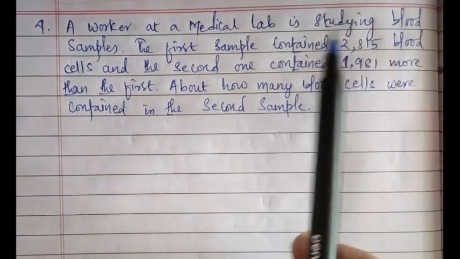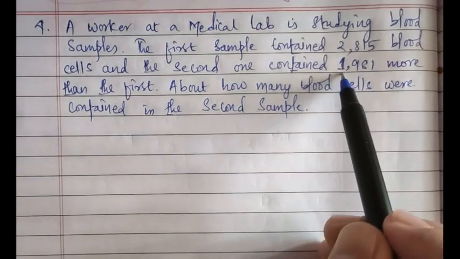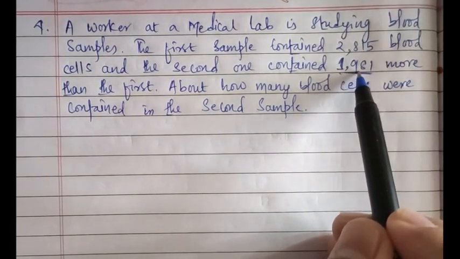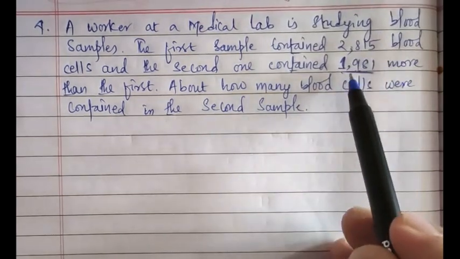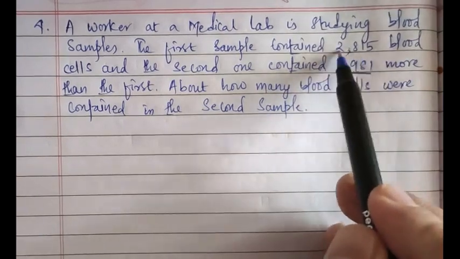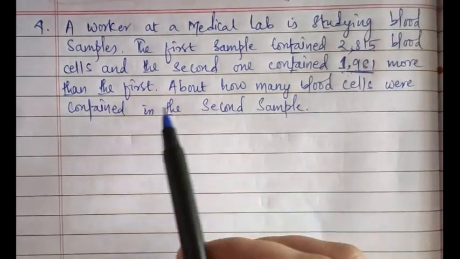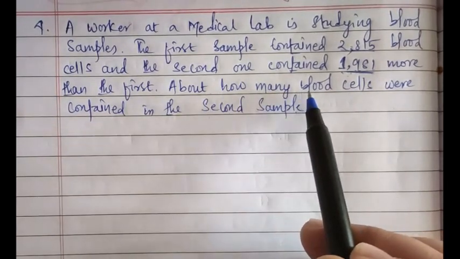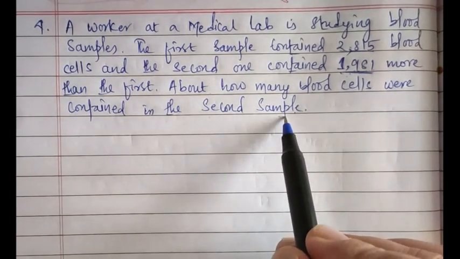Remember, it is not the actual blood count of the second. It is more than this. About how many blood cells were contained in the second sample, that you have to find.